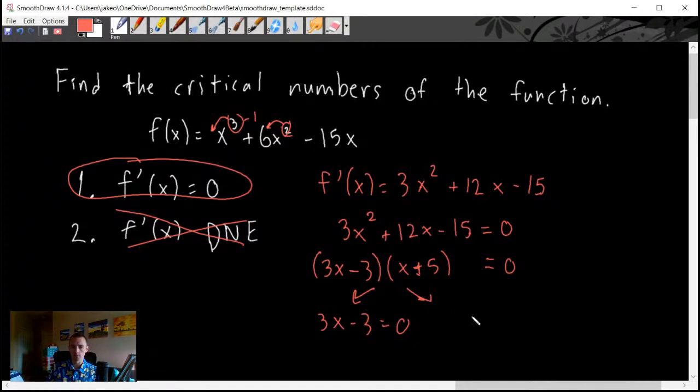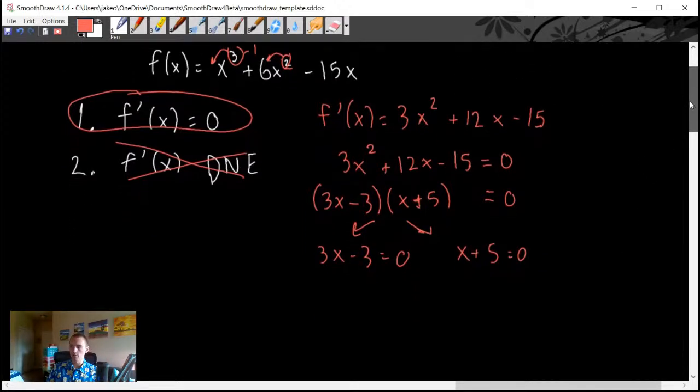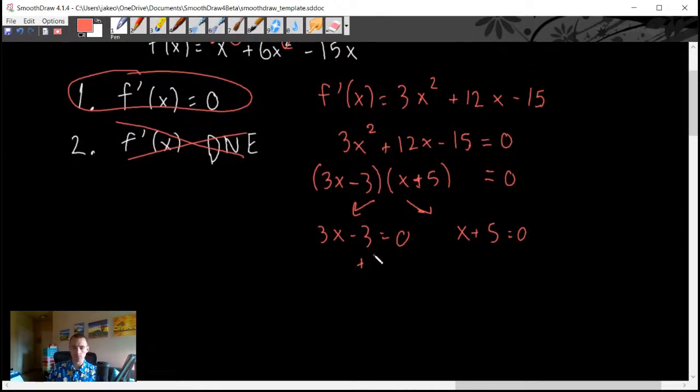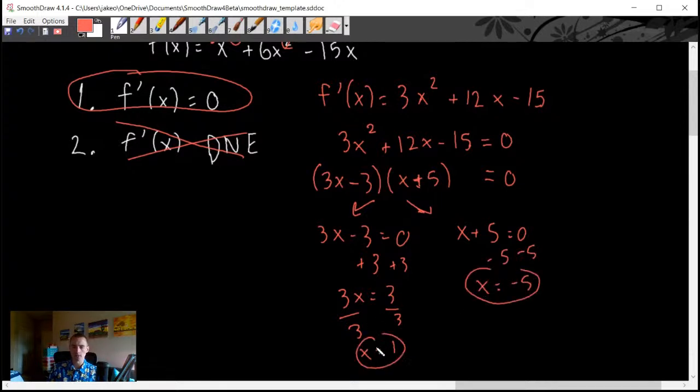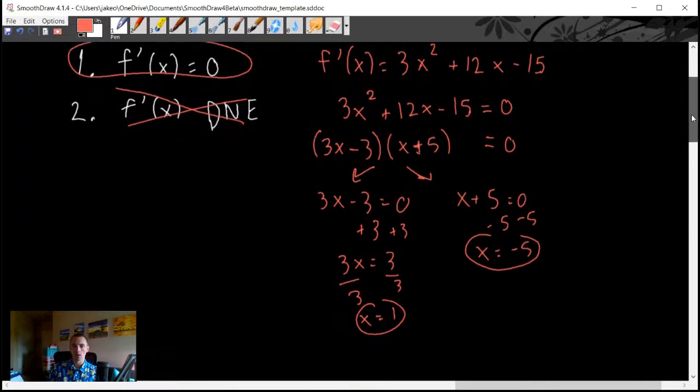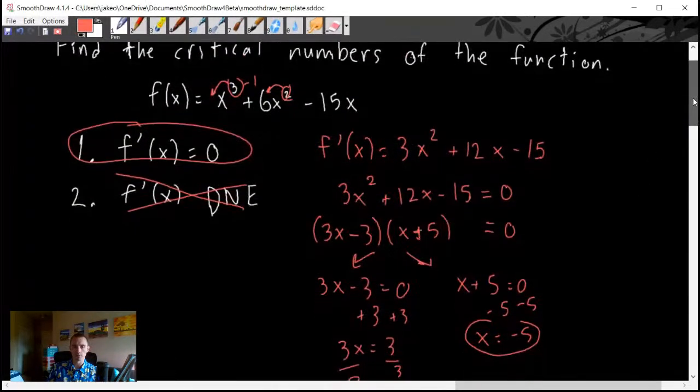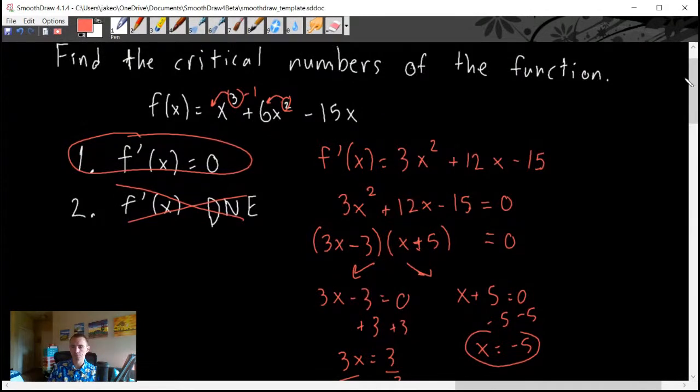So we can split this into two separate problems and solve each on its own. In this case, we can add 3 to both sides: 3x equals 3, divide by 3, x equals 1. And in this case, we subtract 5 from both sides: x equals negative 5. So x equals negative 5 and x equals 1 are the two critical numbers of the function that we had up here.